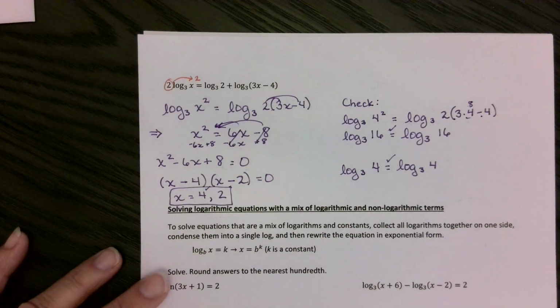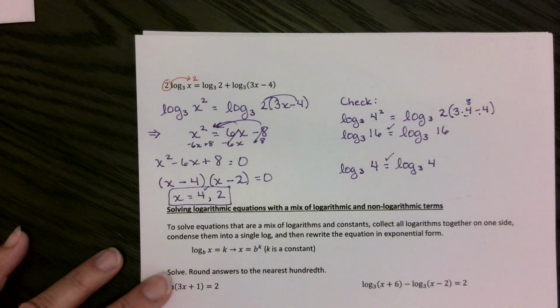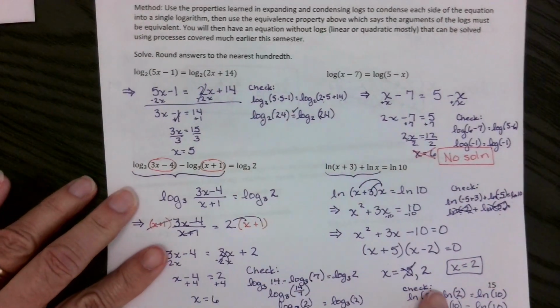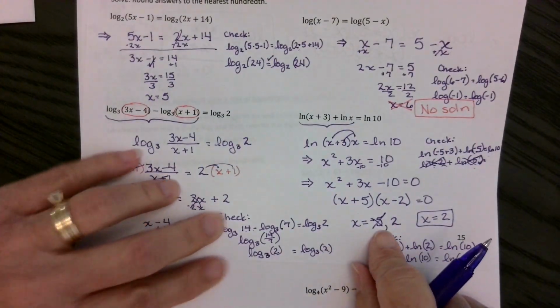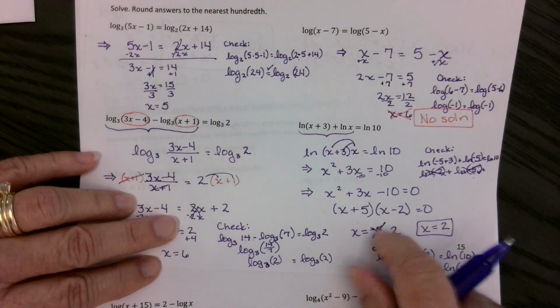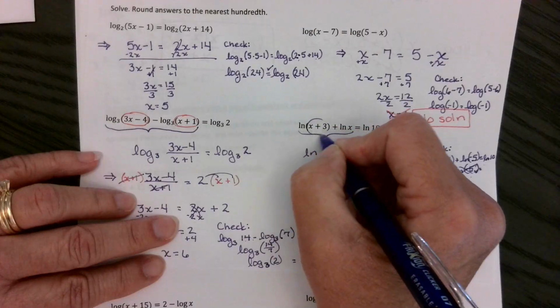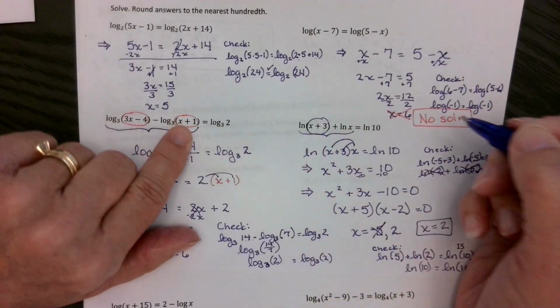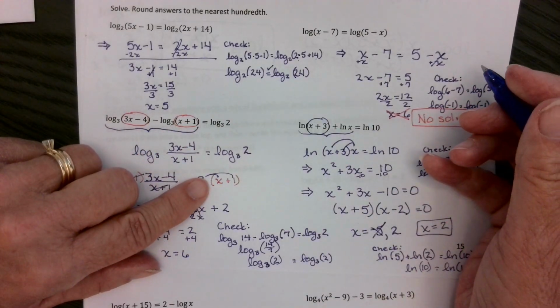Now, I want to go back just for a second for the last problem that I just worked, if I can find it, because some people think that when you work them all out, this answer can't be negative. It's fine if this is negative as long as when you plug it back into whatever you're plugging it into, it is not negative.